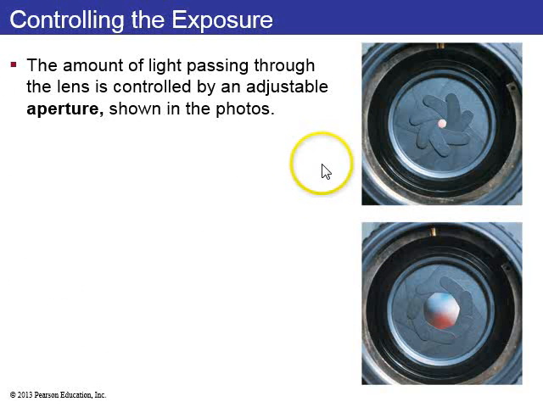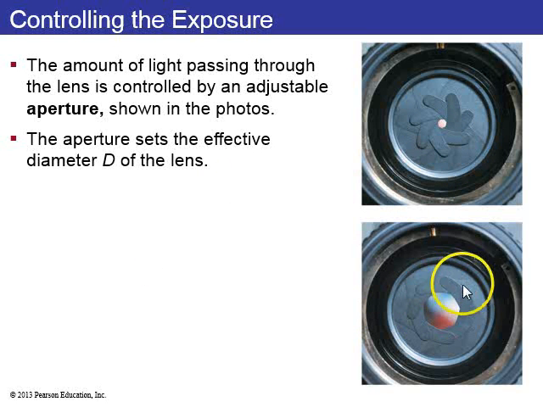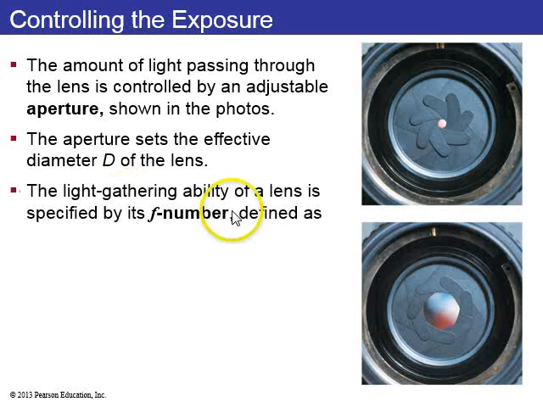So the other thing we have to worry about is the aperture. So in a real camera, there is a hole with an adjustable diameter called an aperture. And the diameter of the aperture is called d. So how much light is gathered by a lens or by a camera is specified by its f number.